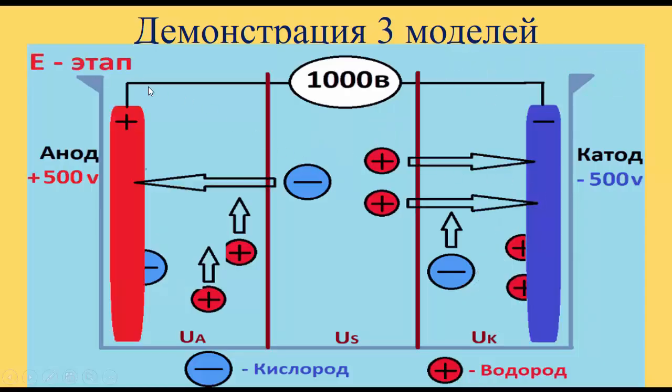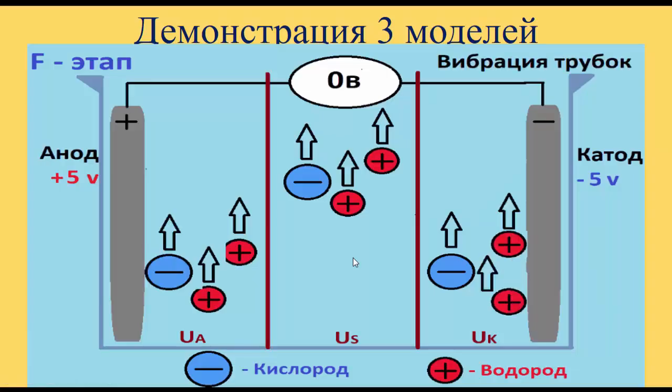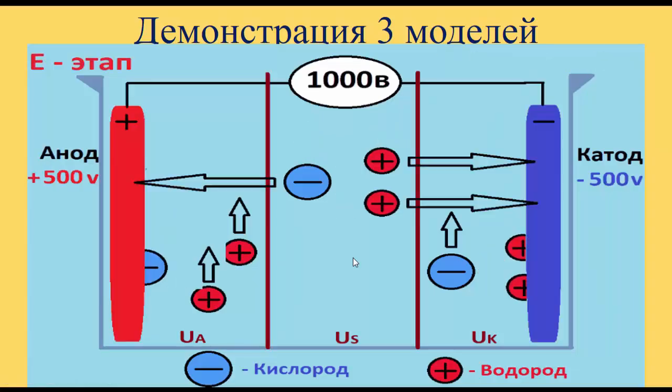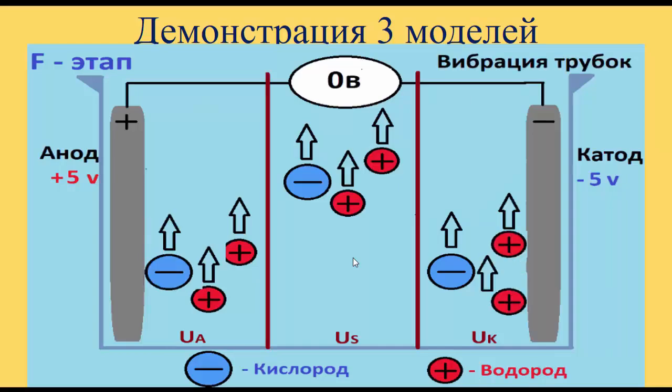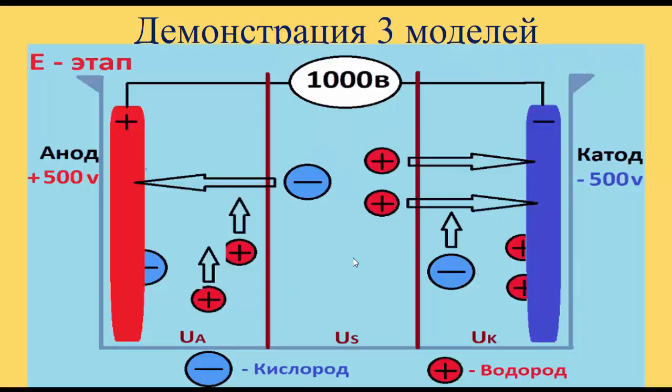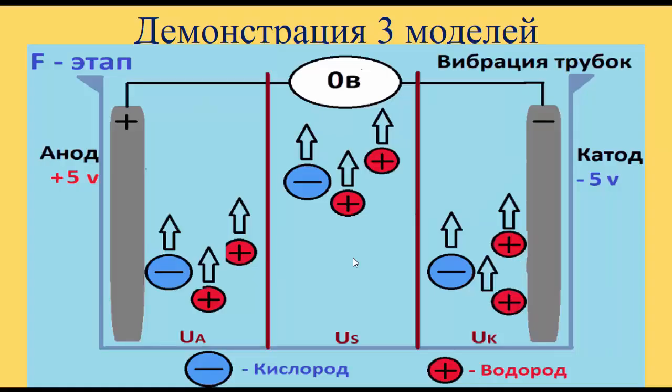Here's the stage where we only have the rupture voltage, again stage E. As you can see, what we do is we don't have a constant voltage. We have a pulse current that gives us, compared to a constant voltage, twice the amount of brown gas. And we have tube vibrations, acoustic vibration of the tubes, which gives 3 times more than standard electrolysis. These are the models used by Stanley Meyer.